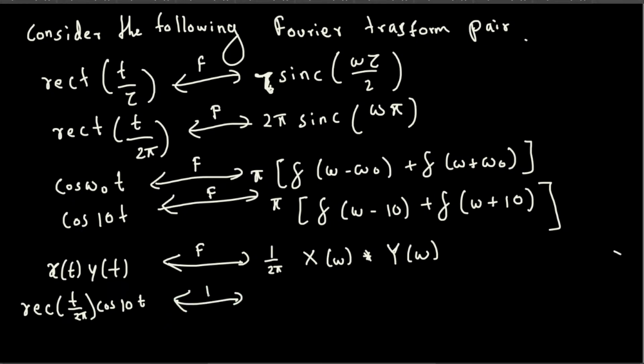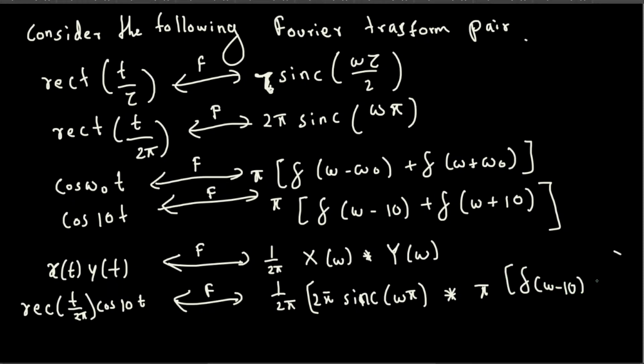So the Fourier transform of that is basically 1 over 2π, and X(ω) is going to be 2π sinc(ωπ), convolved with the cos 10t transform, that is π[δ(ω − 10) + δ(ω + 10)]. That is without the shift.